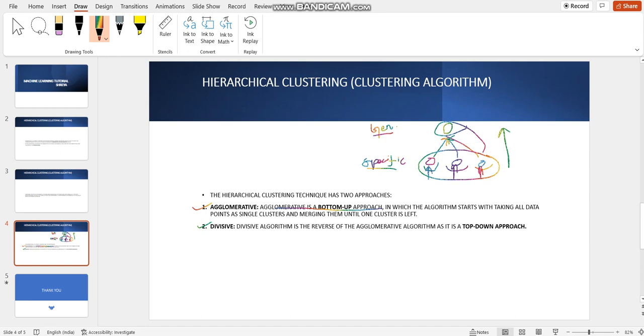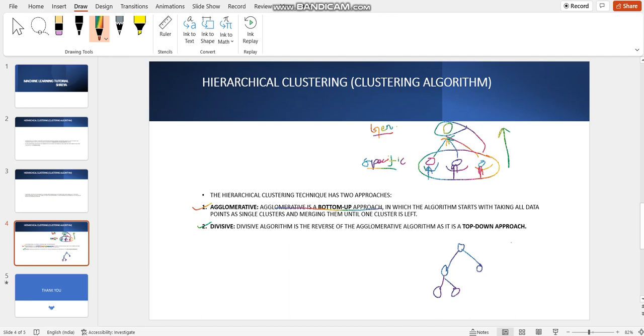Talking about divisive, the algorithm is the reverse of the agglomerative algorithm, as it is a top down approach. Top down will be totally different. We have a general term, or we can say we have the machine, and we get its different components by breaking it down, deconstructing it.